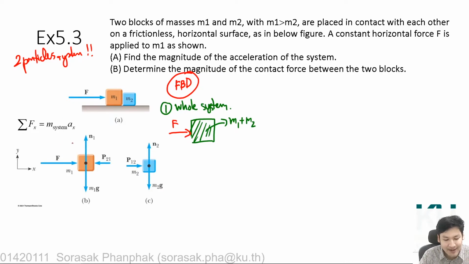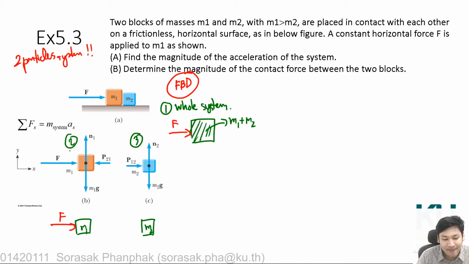How about the second one? The second one, you look at individual particles. In this case you look at M1, and in this case you look at M2. So what happens around the M1 and M2 particles? If you break down M1, you see the resultant force acting on the M1 mass like this.